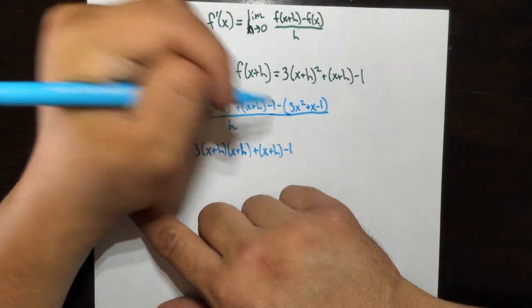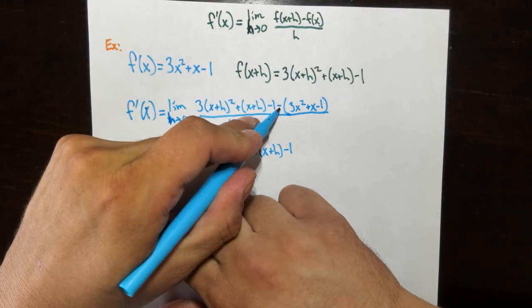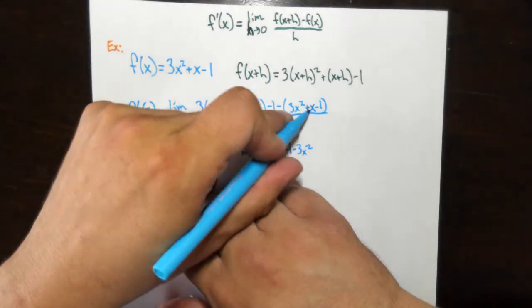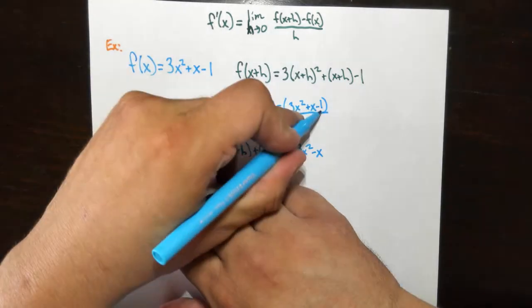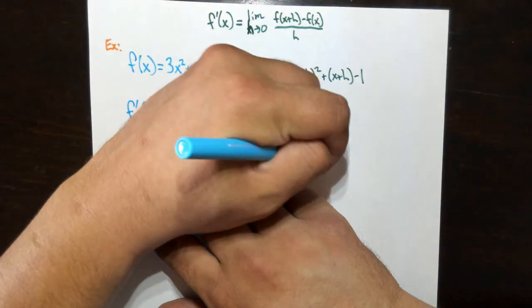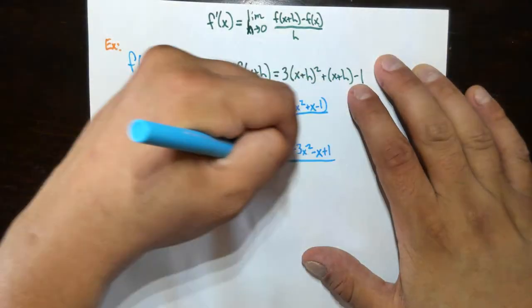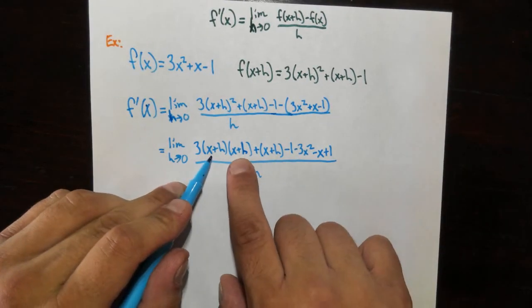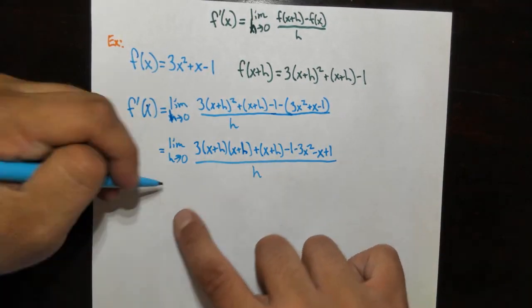So (x plus h) minus 1, and then I'm going to get rid of these parentheses while I can. Negative times 3x squared is minus 3x squared. Negative times x is minus x. Negative times negative 1 is positive 1. All over h.